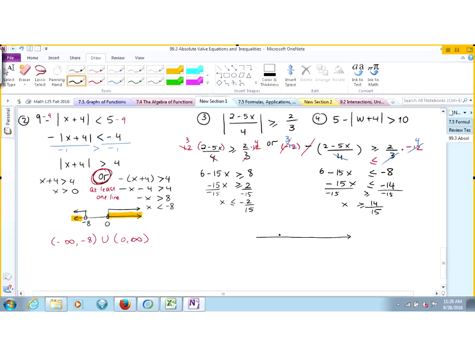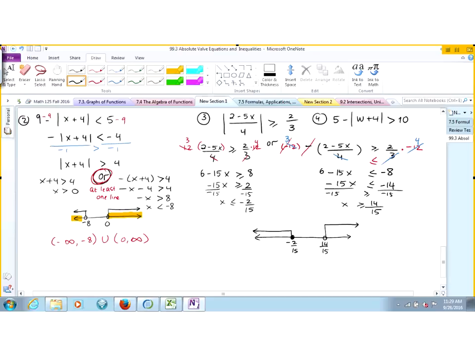Alright. So when you graph, negative 2 over 15 here, and the arrow points to the left, and then 14 over 15 here, and the arrow points to the right.